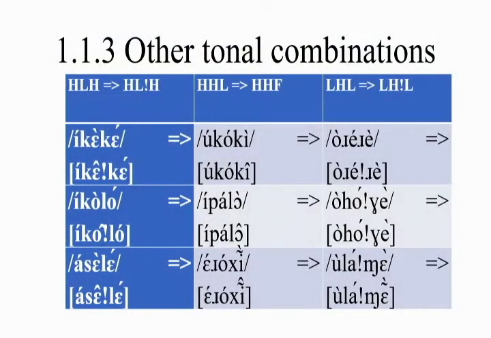Then we have words with varied tonal patterns. So you have the high, low, high, being represented as high, low, down-stepped high. You have it in words like ikeke, ikolo, asele.